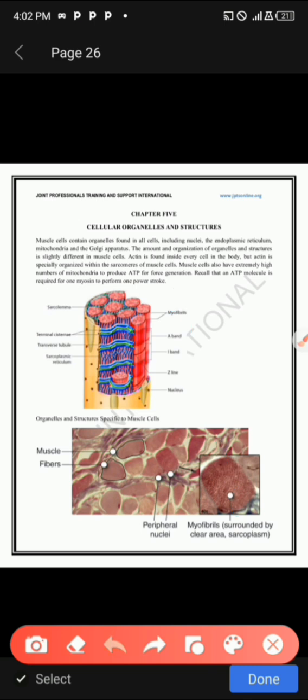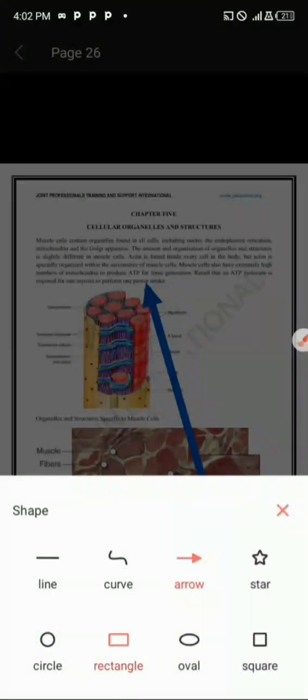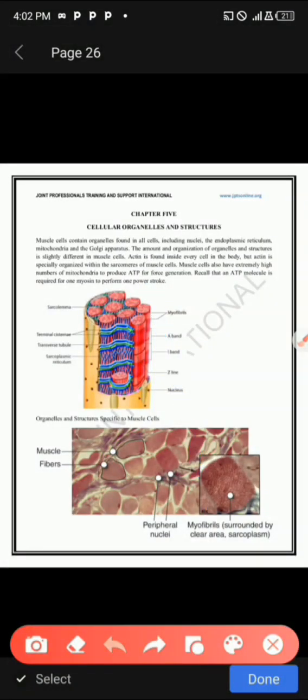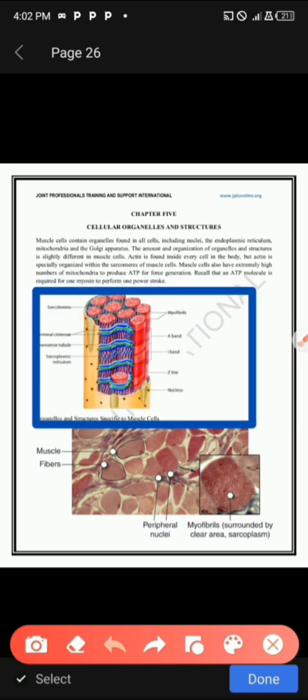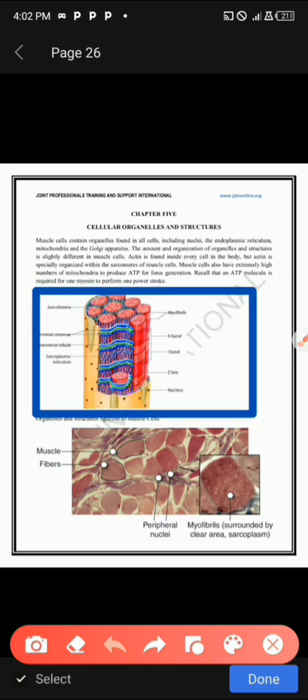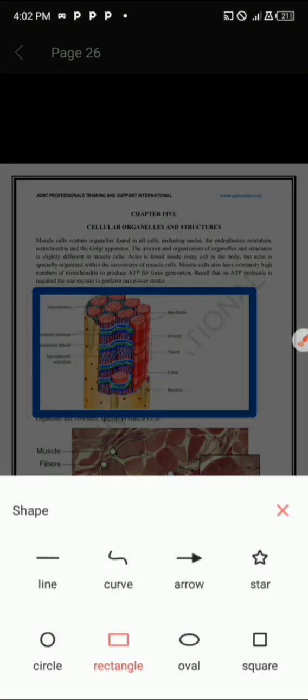Recall that ATP molecules are required for one myosin head to perform one power stroke. Look at the diagram, you see the myofibril, A band, I band, Z line, nucleus, and so on.